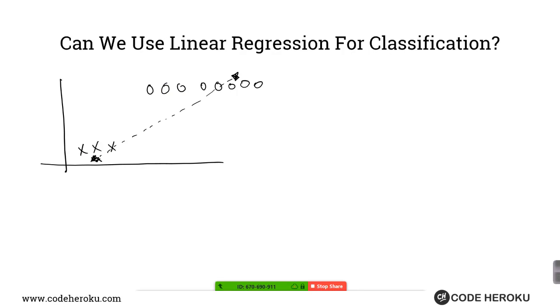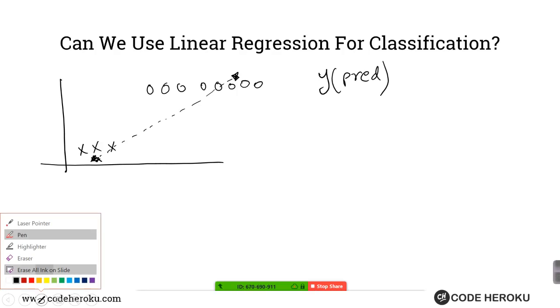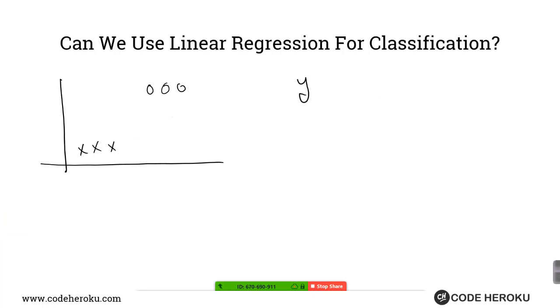The other thing is in terms of interpretation of the output as well. So let's say, what is the range of the y prediction? What is the range of values that you get with y equals mx plus b?